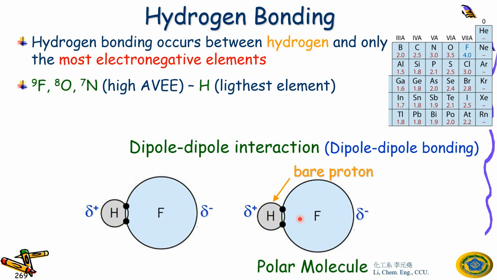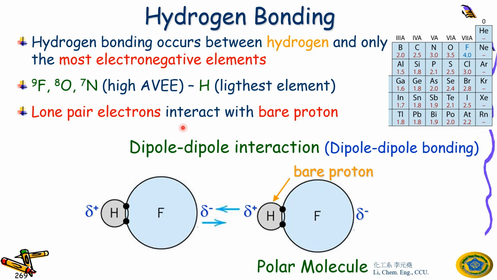Indeed, this is a dipole-dipole interaction, but because fluorine and hydrogen have a very strong interaction, that's what we call hydrogen bond or hydrogen bonding. The bonding between hydrogen and fluorine within the molecule is a covalent bond. The hydrogen and fluorine in between these two molecules is called a hydrogen bond. Okay?